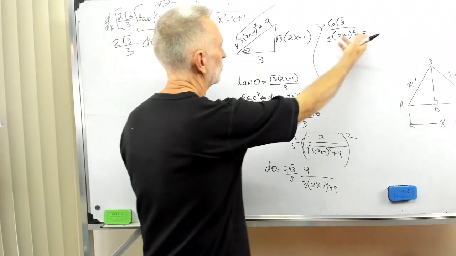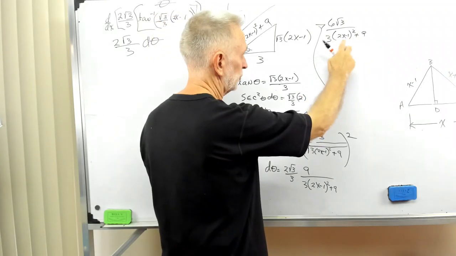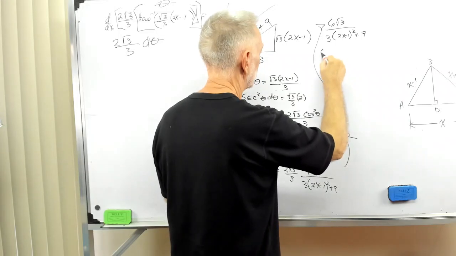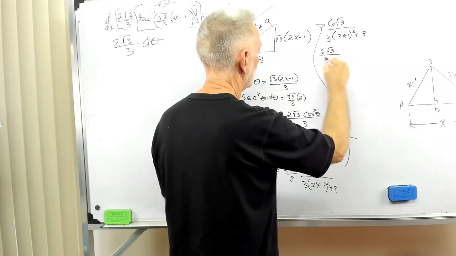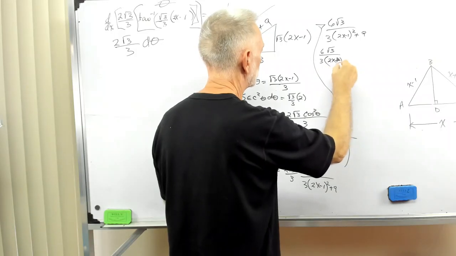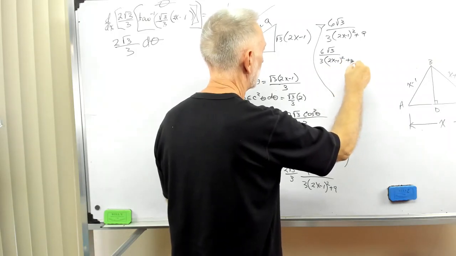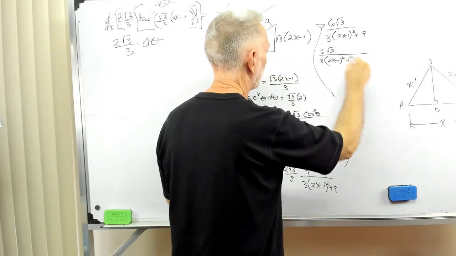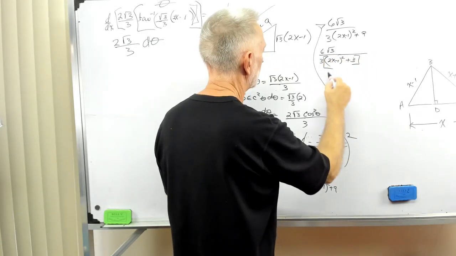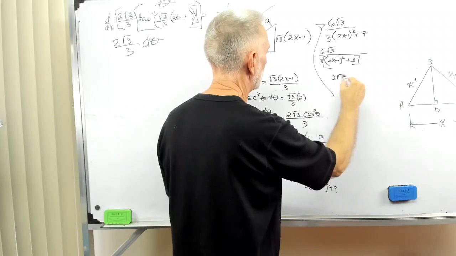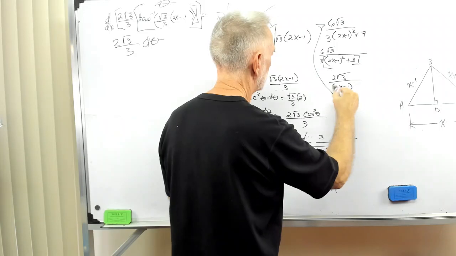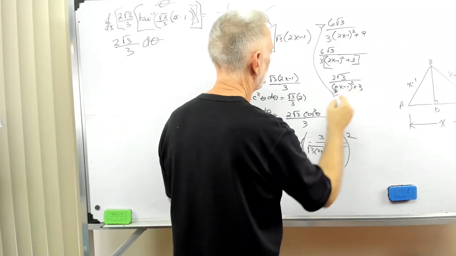I'm going to factor a 3 out of this because this 3 is just multiplied times the first one, not the second one. So 6 square root 3 over 3 times what? Times 2x minus 1 squared plus 3. So now 6 over 3 is 2, so 2 square root 3 over 2x minus 1 squared plus 3.